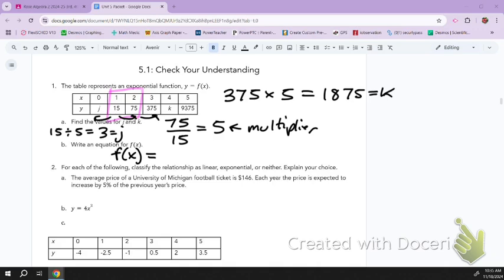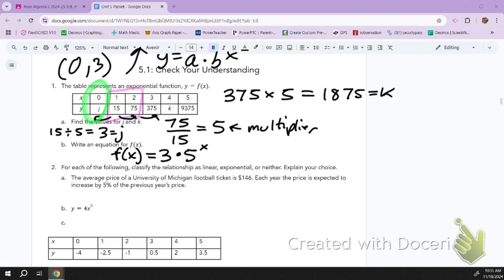Now, just like in a linear equation, this 0, j value, which we found was 3, that's my a value. That's my starting term. Okay, so (0, 3), that's your a value, and y equals a times b to the x. So I'm going to start with 3 times, what's my multiplier? 5 to the power of x.